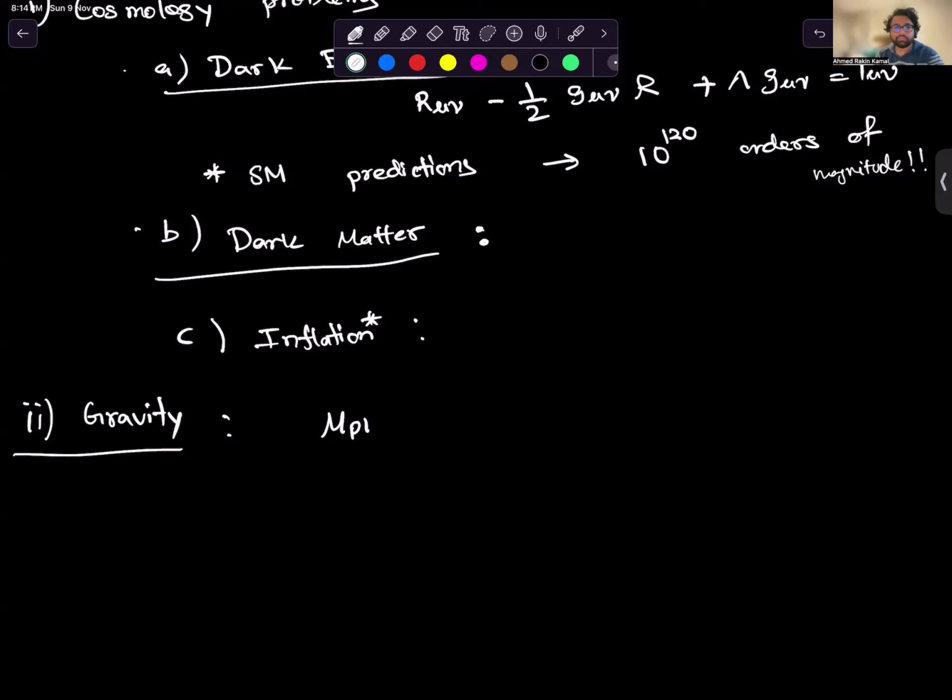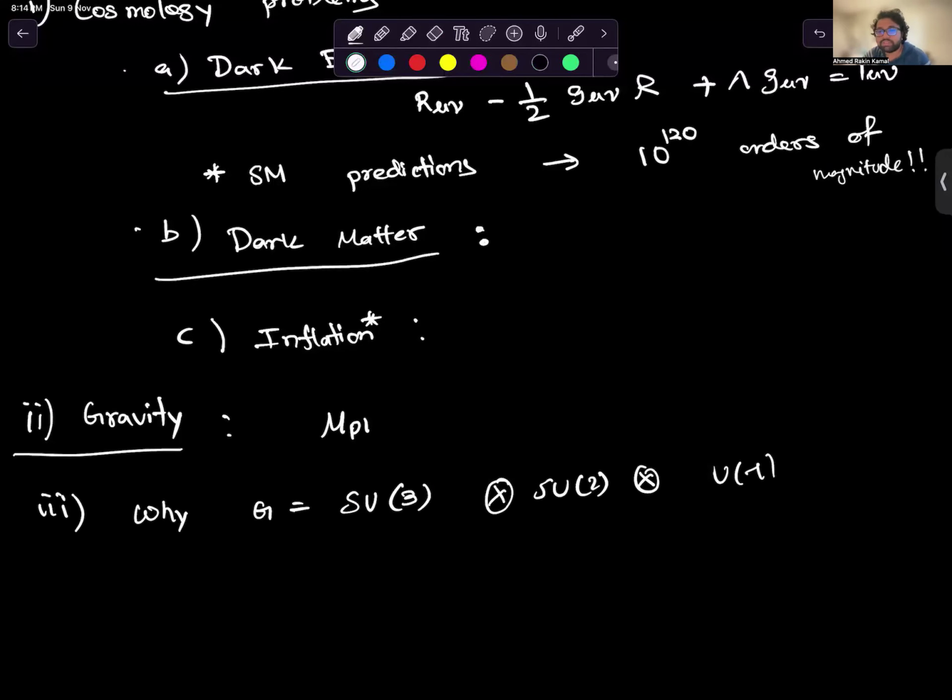And of course, aside from this, you can ask more philosophical questions, like why the gauge group is SU(3) cross SU(2) cross U(1). There's no answer about that.